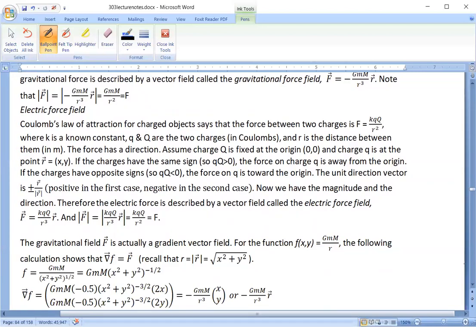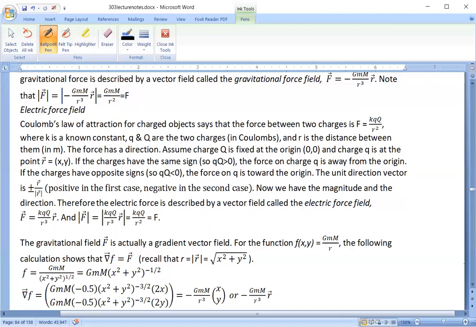Now let's simplify the whole thing. Notice that the 2 and the 0.5 will cancel. Next, the GMm and the negative sign are all a constant, so we can factor that out. And then x squared plus y squared to the negative 3 halves: first, we can flip that to the denominator. And second, notice that x squared plus y squared to the half is just r.